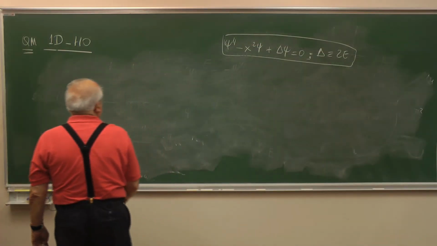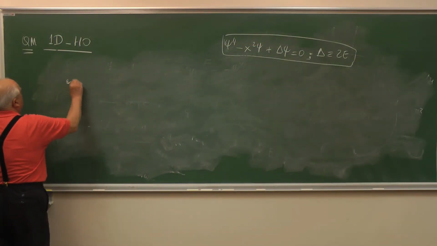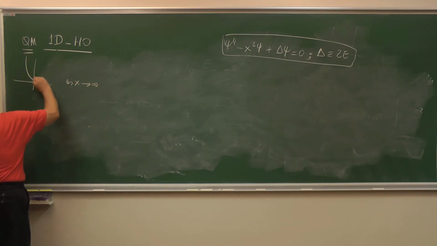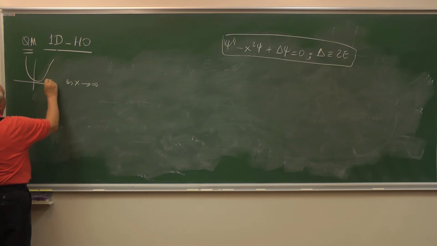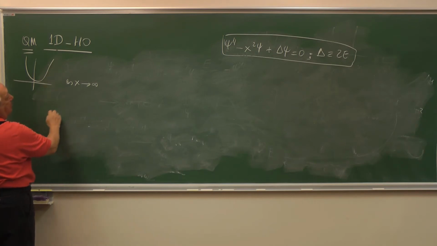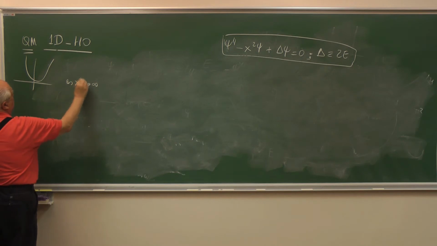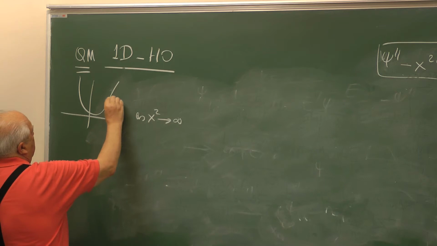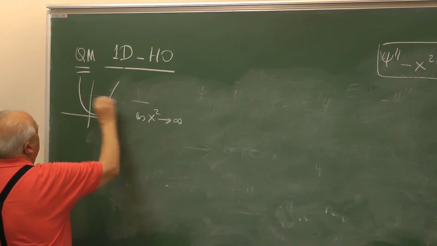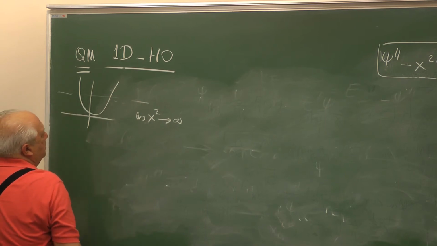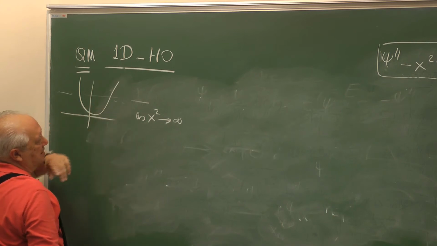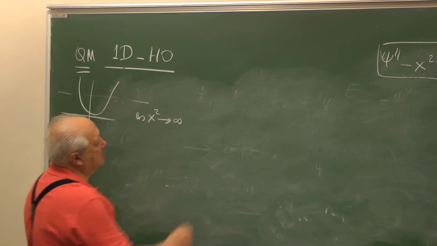So as x goes to plus or minus infinity, remember this is our potential, x squared goes to infinity. So if we are way out in the positive or negative x direction, we expect the solution to die. Let's extract that behavior.